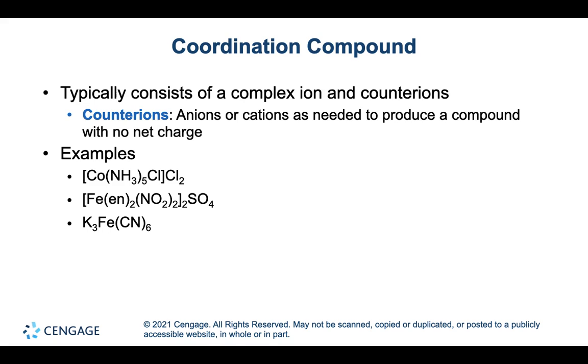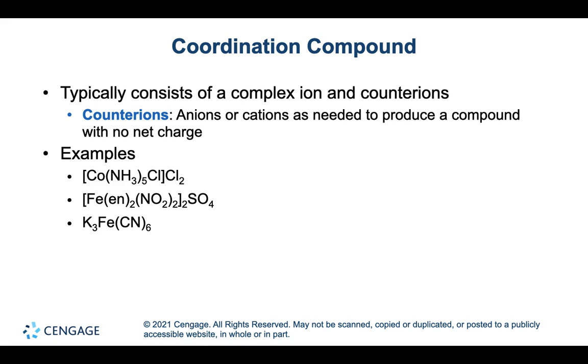So here we see how they typically would write the formula. We see a cobalt, which would be your transition metal cation, in this case +3. We see that it's bonded to 6 ligands, 5 of which are ammonia, and 1 is a chloride ion, a Cl- ion. And so the cobalt bonded to the 6 ligands, that's all within a square bracket there.